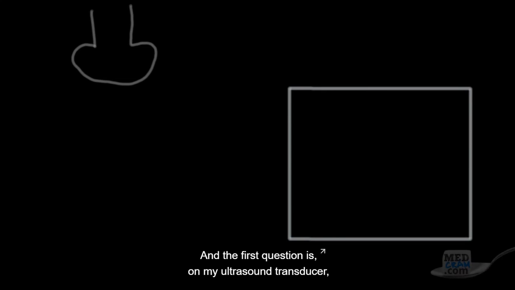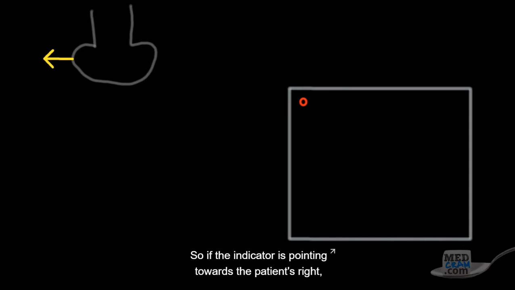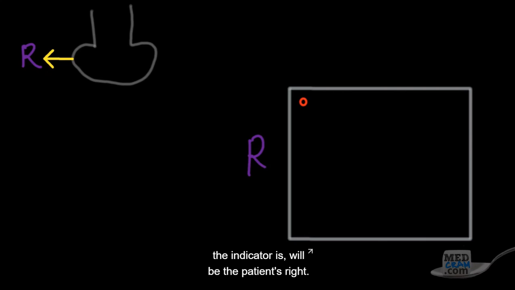Well, you'll notice that we asked ourselves two questions. And if we ask ourselves these two questions, we can always find out the orientation of the ultrasound screen. The first question is, on my ultrasound transducer, where is the indicator pointing? And that is going to correspond with where the indicator is on the screen. And then the opposite of that will be true. So if the indicator is pointing towards the patient's right, then the left side of the screen, since that's where the indicator is, will be the patient's right.